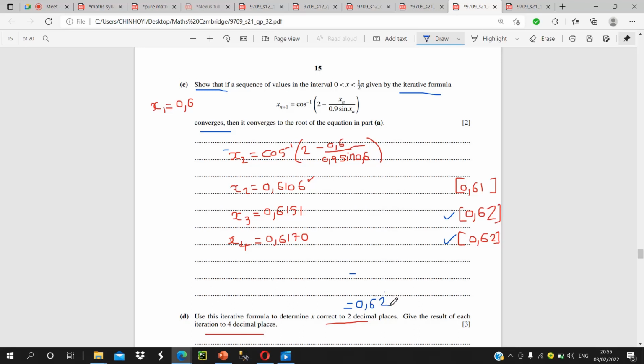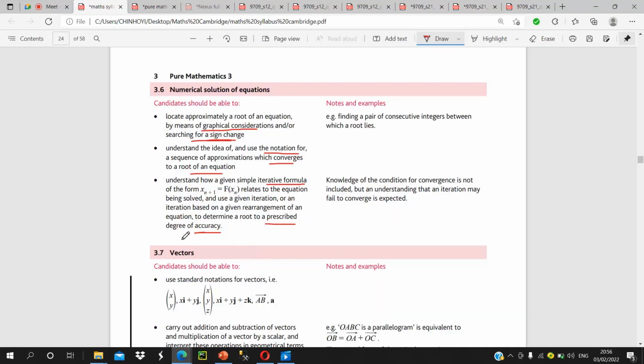Yes. So that's how we approximate the roots to a prescribed degree of accuracy.